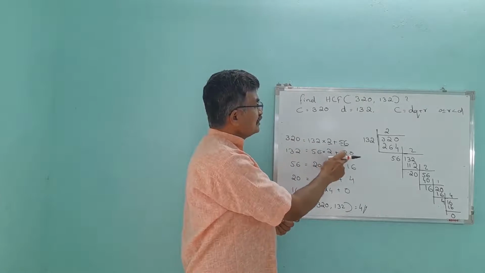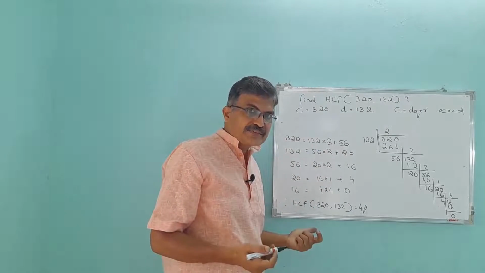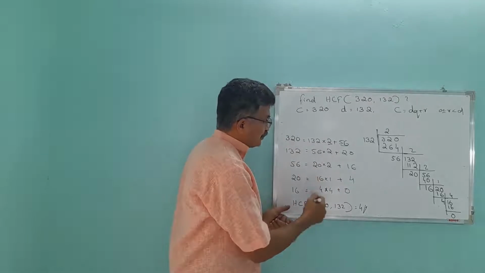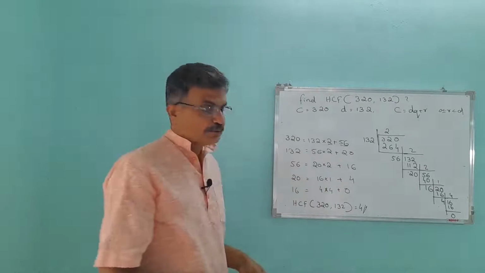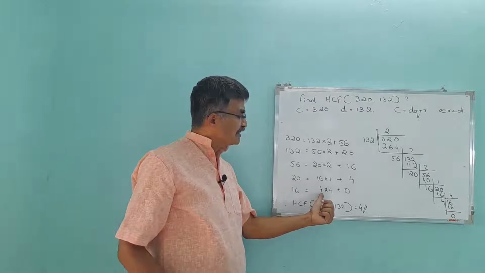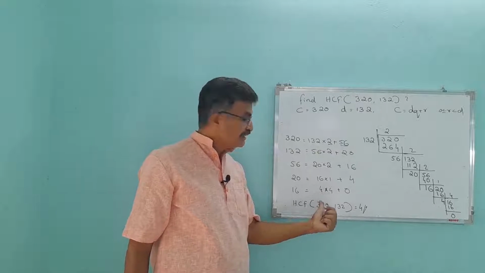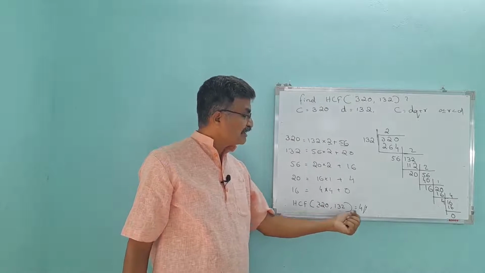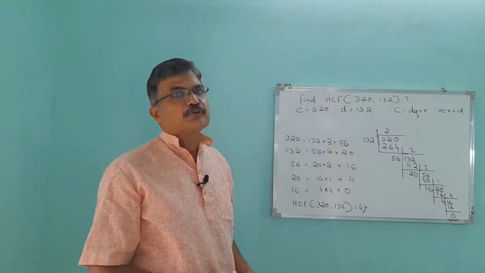In the next step, R is not equal to 0. We continue the process until R is equal to 0. When R is equal to 0, then D is the HCF of 320 and 132, that is 4.